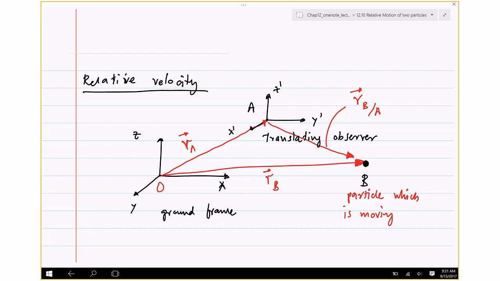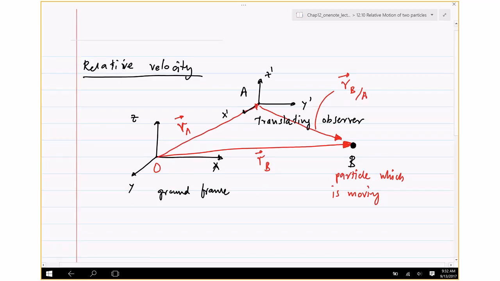That would be A. The astronaut is B. And to find the position of the astronaut B, we need to find the position of A with respect to the ground frame, and how B moves with respect to A, and that can be used to find how the astronaut moves with respect to Earth. So it's just an easy way of keeping track. Instead of trying to keep track of all particles with respect to ground, you find how B changes with A. So it's much easier to then find how it moves with respect to ground.